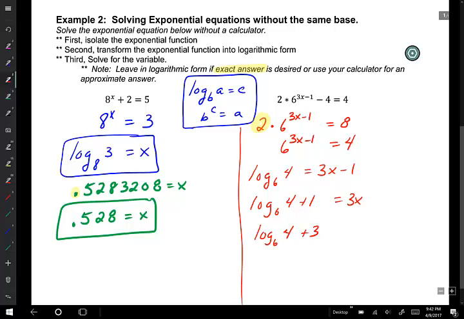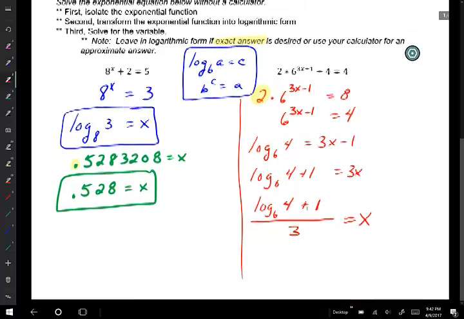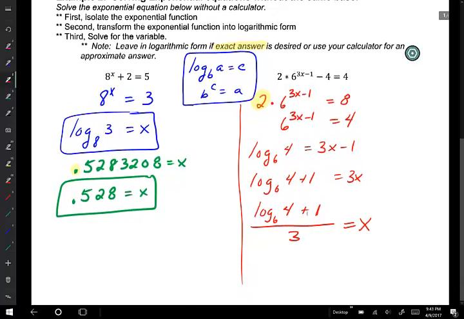Now, as we work this through, we need to understand that log of 4 plus 1 is not the log of 5. That's the log base 6 of 4, plus 1. And then if we want to do our exact answer, we're going to find out the value of that logarithm, base 6 of 4.